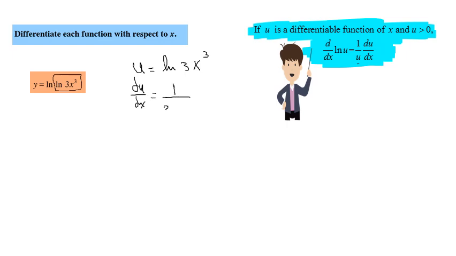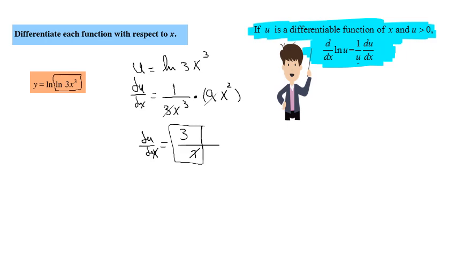It's 1 over the function itself multiplied by the derivative of the function. The derivative of the function is 9x squared. Let's simplify it. So du by dx is equal to 9 divided by 3, which is 3, and x squared divided by x to the power 3 gives me x to the power of 1 in the denominator. So it's 3 over x.